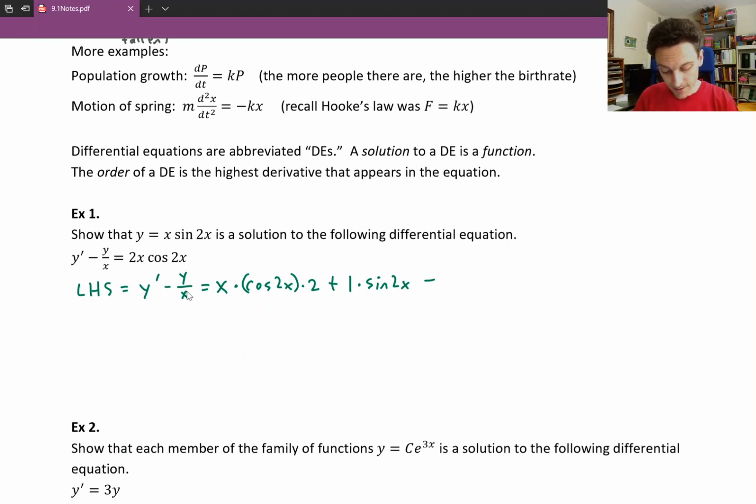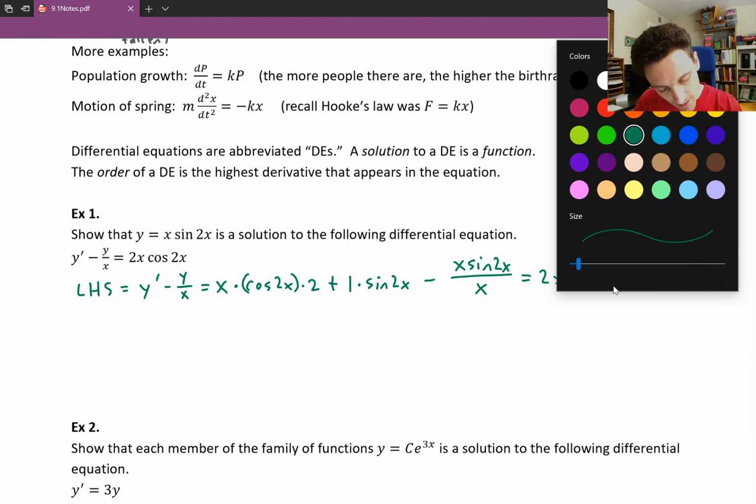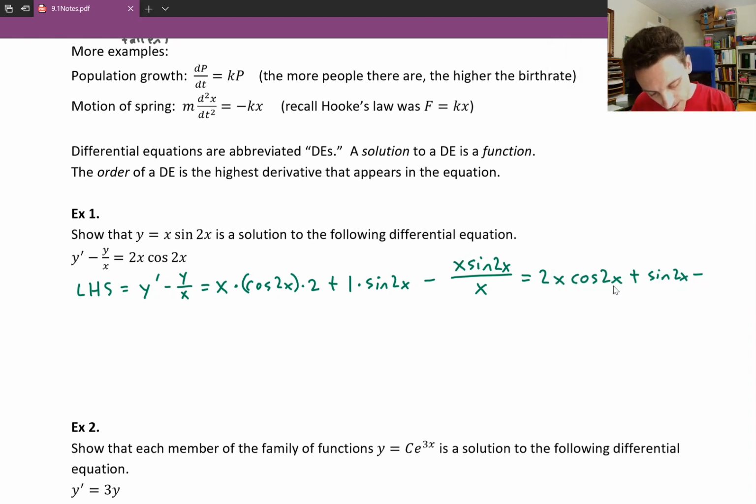Then we have a minus y over x. Now y is x sine 2x, and then we have an x in the bottom as well. So what we have here is 2x cosine 2x, and then plus sine 2x minus, then if you notice, the fraction here has x's that cancel.